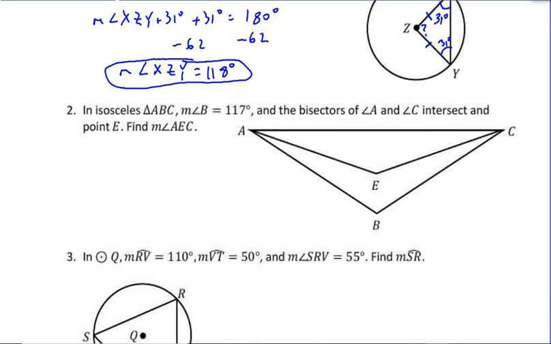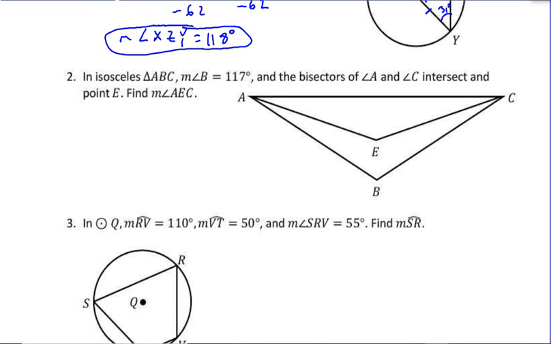Number 2. An isosceles triangle ABC, angle B is 117 degrees.